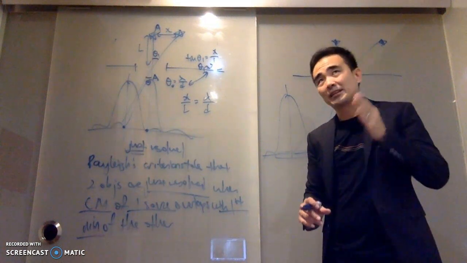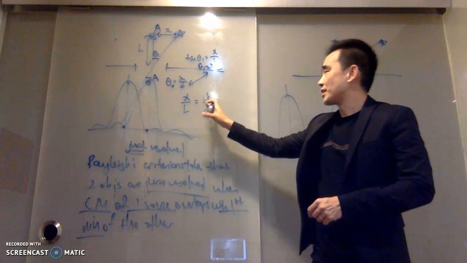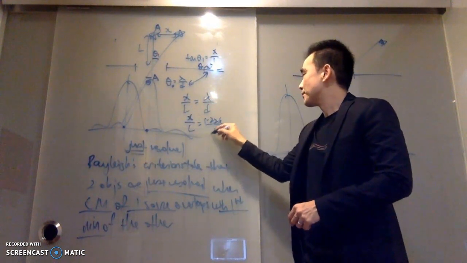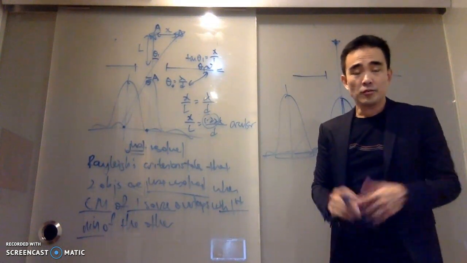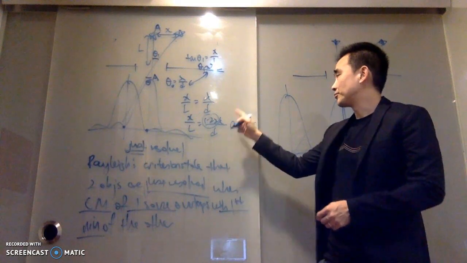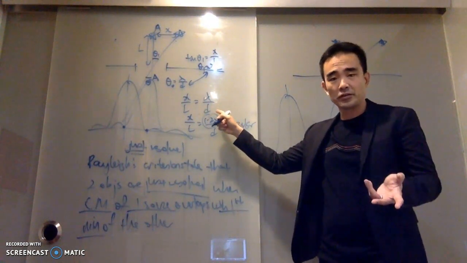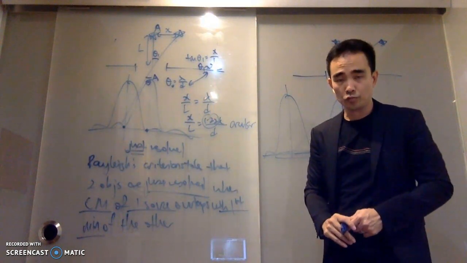If it is a rectangular slit, you write this, whereas if it is a circular aperture, you've got to remember to add in the 1.22. Most of the time when we talk about telescopes, we have to use this instead of this. But in the case where the question is obviously talking about a rectangular slit, then you use this without the 1.22.